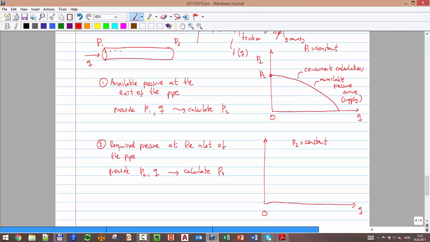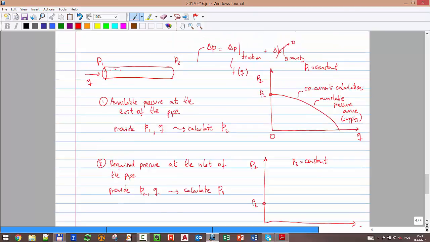At 0, P1 should be equal to P2, because I have no flow. But then when I increase the rate, I have the frictional pressure drop.